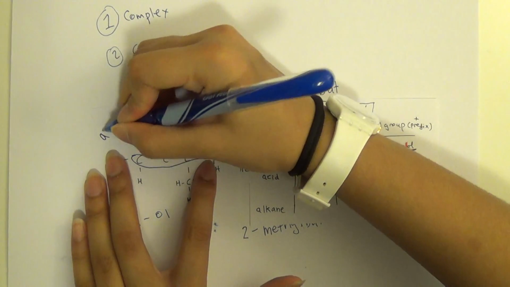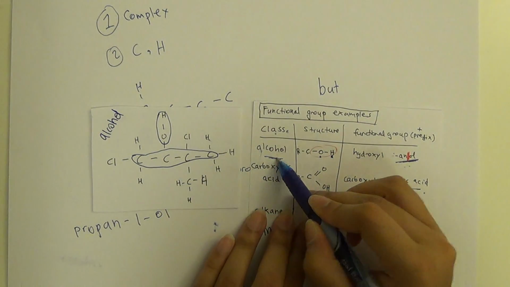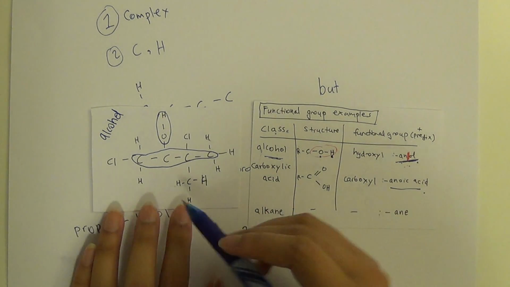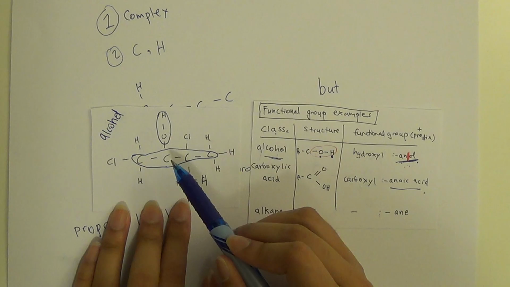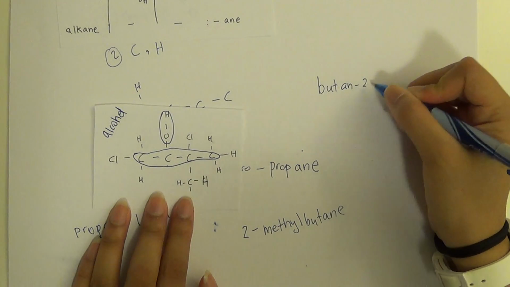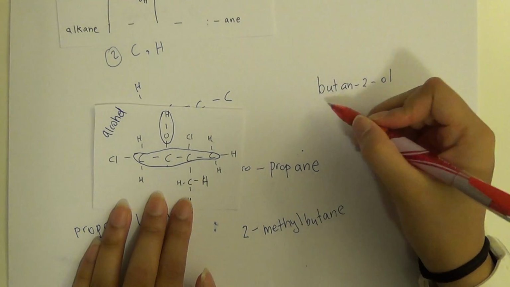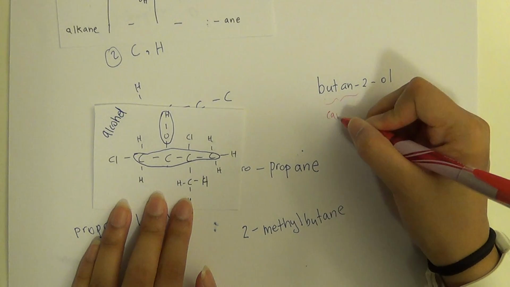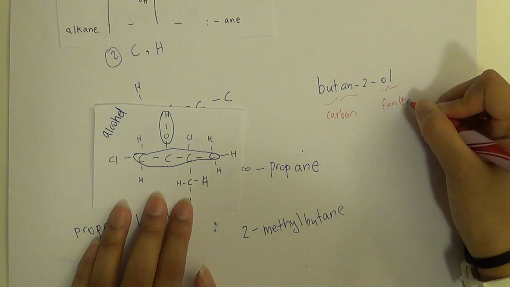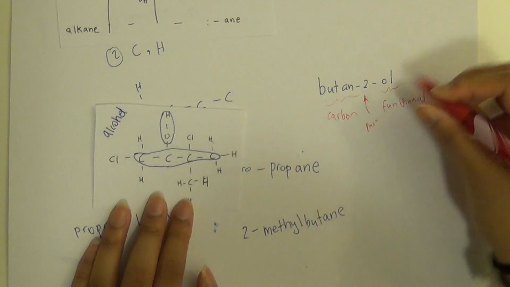Therefore, it has the ending -ol. It is bonded to the second carbon, so we can put butan-2-ol. So that's the amount of carbons, the carbon chain. This is the functional group. This is the position of the functional group.